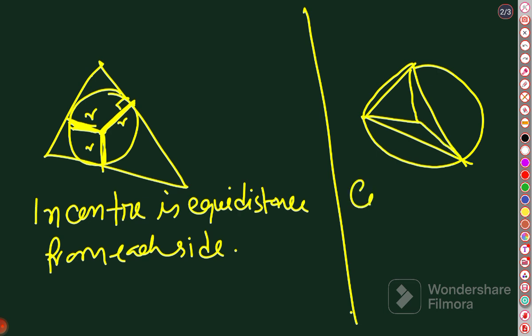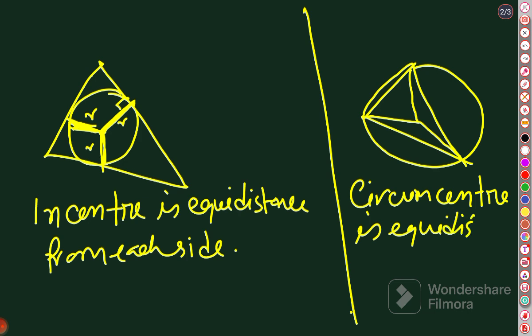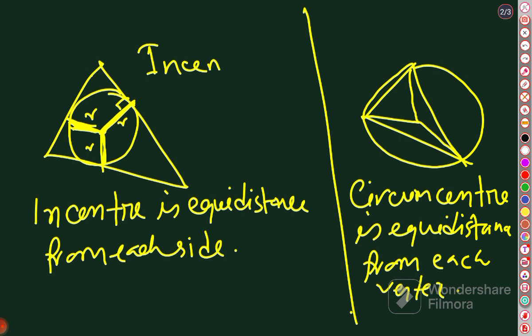So this is the incenter and this is the circumcenter. The circumcenter is equidistant from each vertex and the incenter is equidistant from each side.